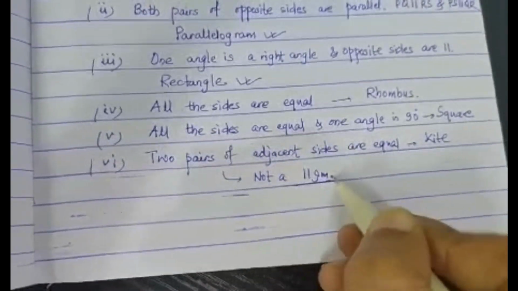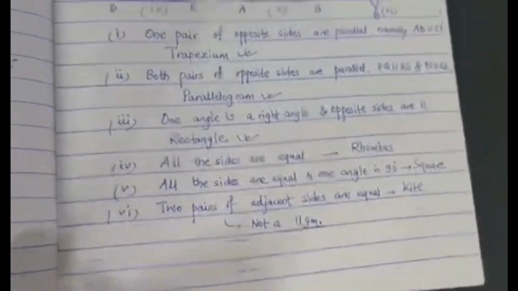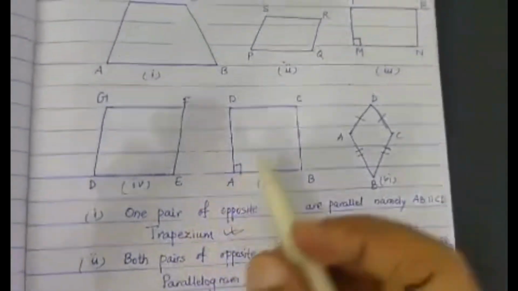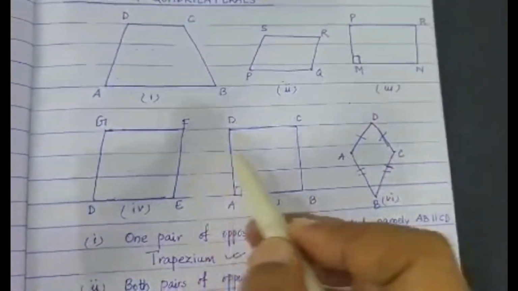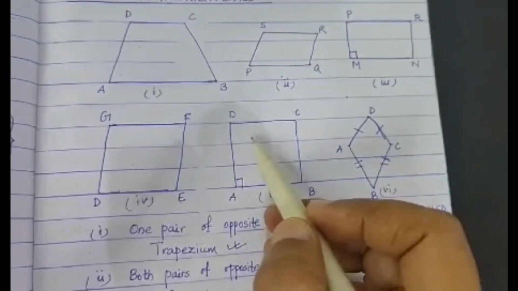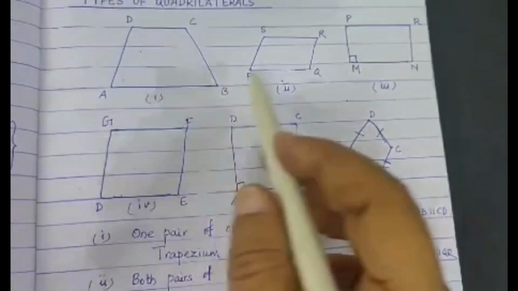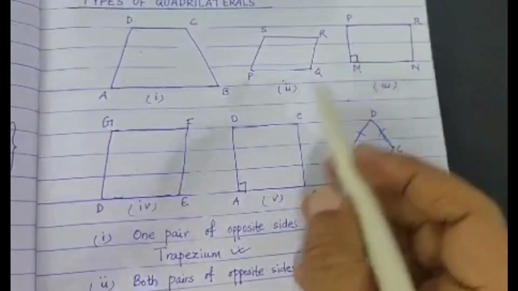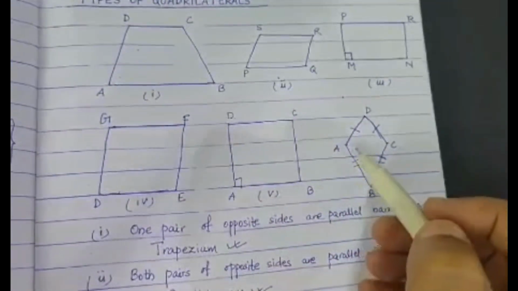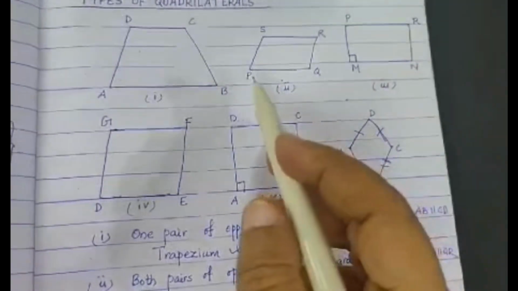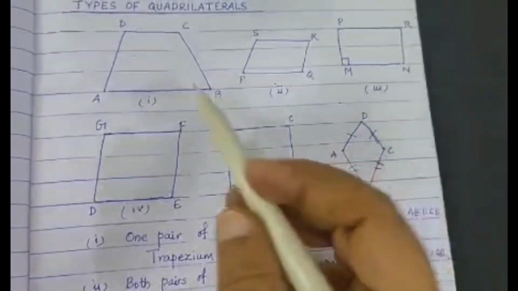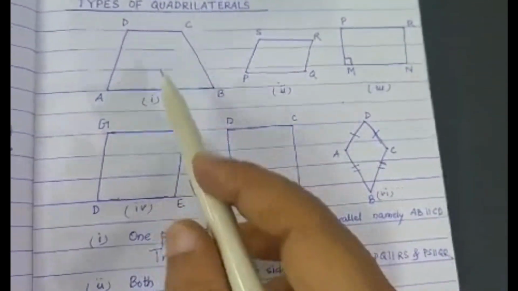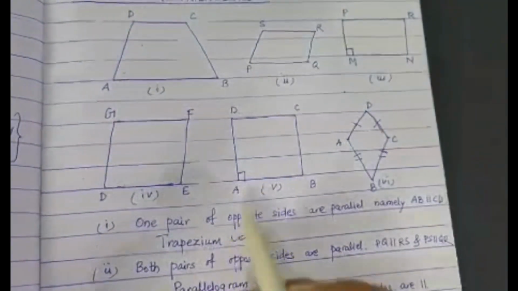We write like this, parallelogram. So basically 2, 3, 4 and 5 all are parallelograms. This one is a trapezium, this one is a parallelogram, this one is a rectangle, rhombus, square, and this one is a kite. This is not a parallelogram. All right, so when one pair of opposite sides is parallel, then it is called a trapezium.